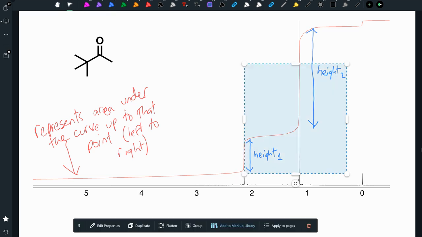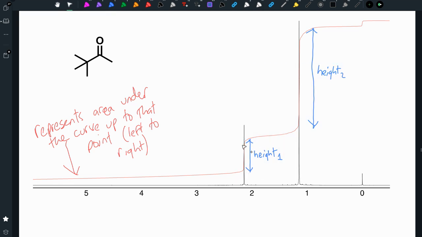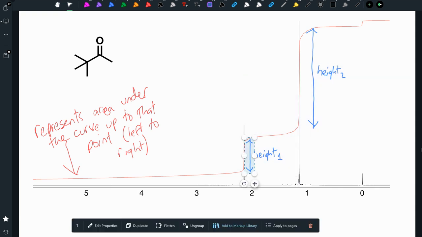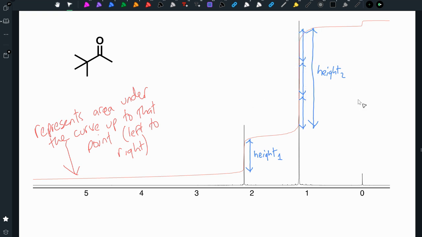So if I take height 1 and I put it next to height 2, it looks like I have got myself a 1-to-3 ratio.